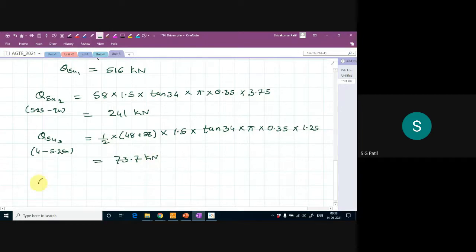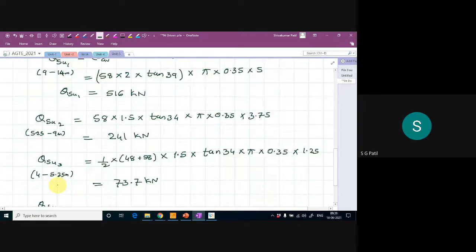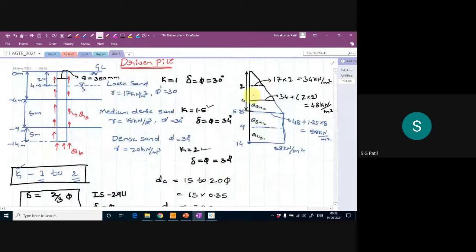Then QSU4. QSU4 is between 2 meter and 4 meter.